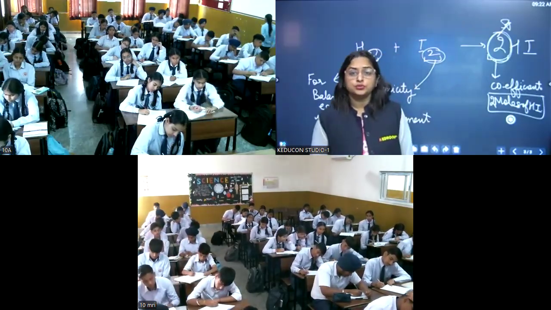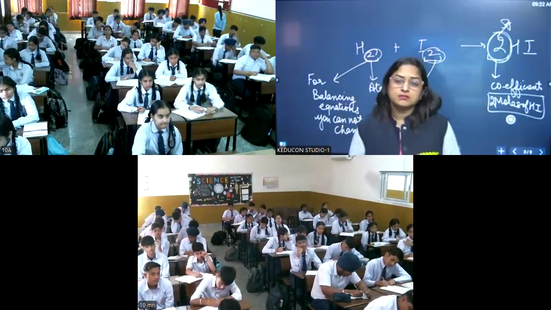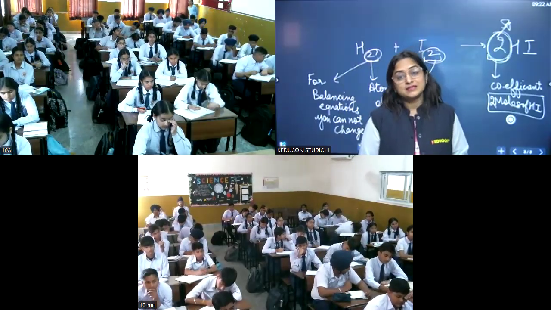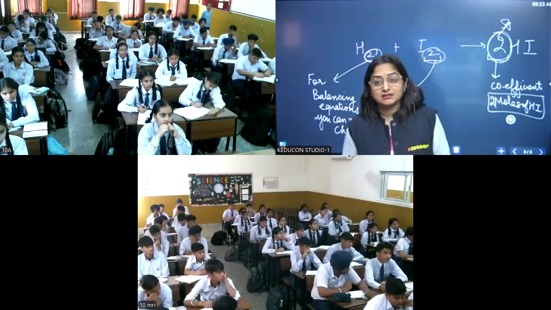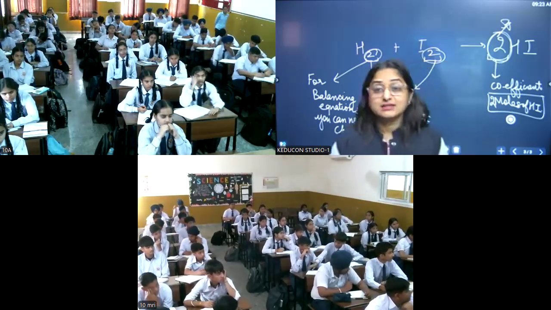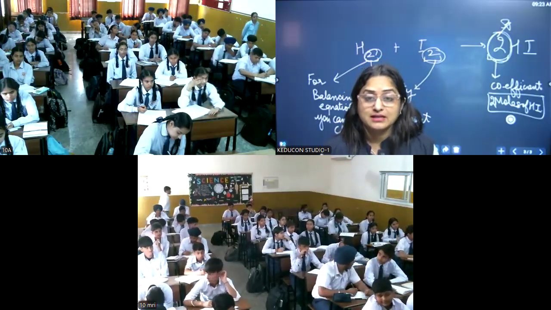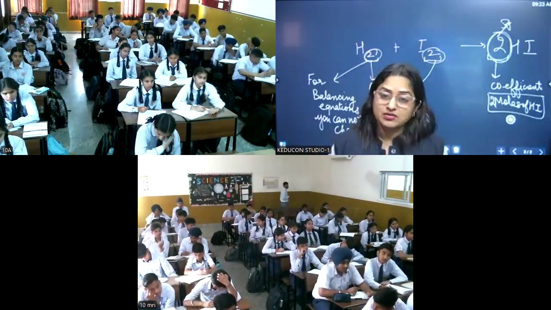And how do you know that this reaction has taken place? Every time you cannot see that change, but sometimes heat is released, sometimes you see a change in color, sometimes heat is absorbed and the solution becomes cold. These are the indications when a chemical reaction occurs.